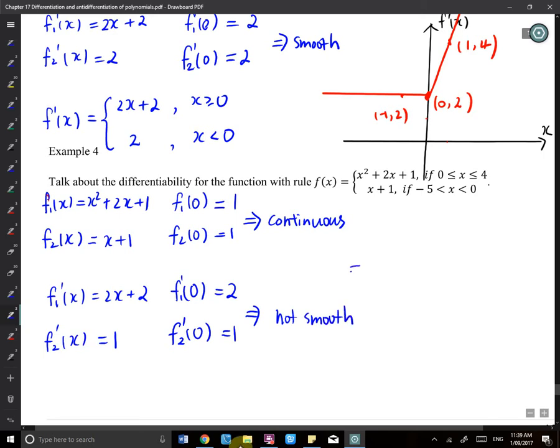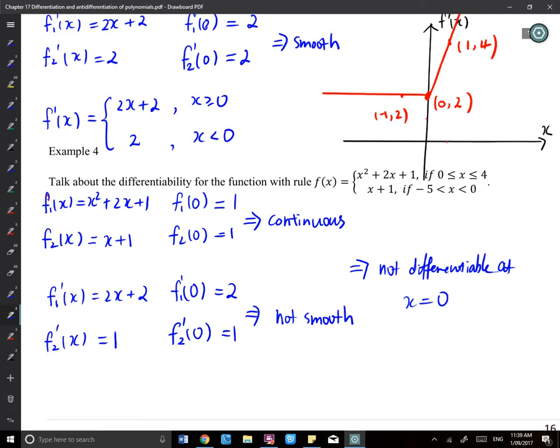Therefore, the conclusion I will make is not differentiable at x equals 0. The derivatives are not the same. One gives you 2, one gives you 1. They're not the same, I don't know which one to take. So the derivative does not exist.